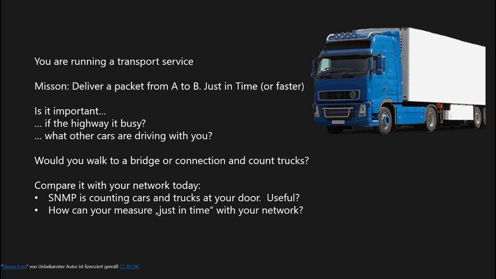Does it make sense to monitor your door where the trucks leave your area? Is it useful to go to a bridge or to a connection and count the cars there? That does tell you nothing about a traffic jam 20 miles away. So all you have to do is let small packets travel through the cloud and back and measure the latency. That makes much more sense to detect outages and so on.